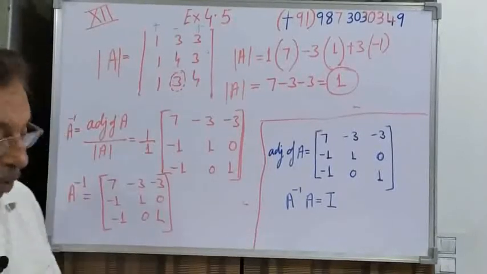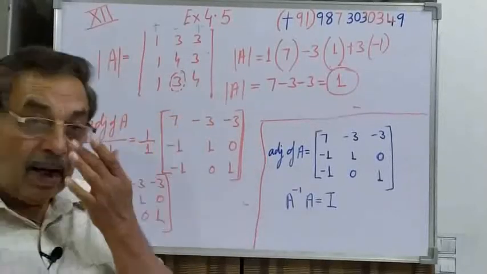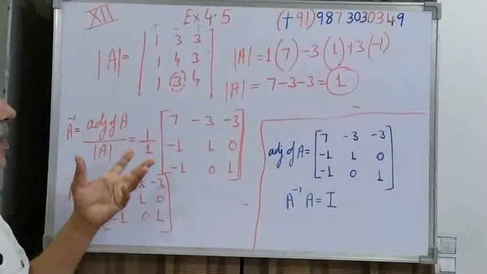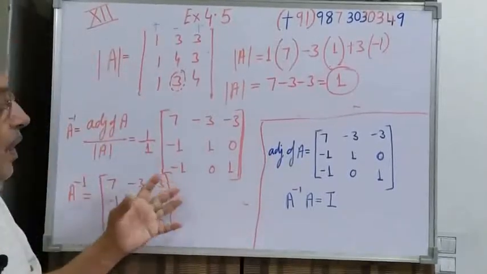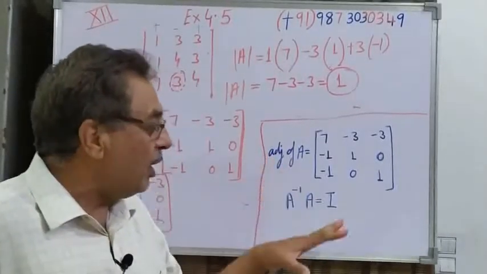So now I hope the concept must be very much clear. We have been given a matrix A, and from the matrix A, what I did was find all the cofactors of the 9 elements it has, and after finding the cofactors I wrote down the adjoint of A. What is the adjoint of A?